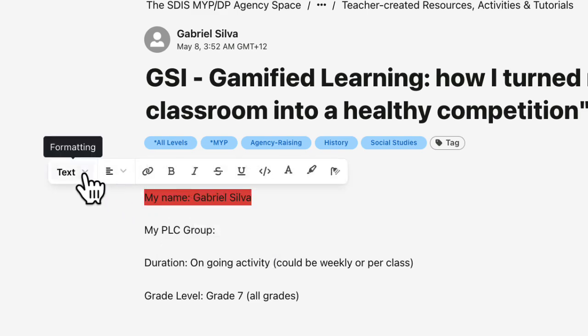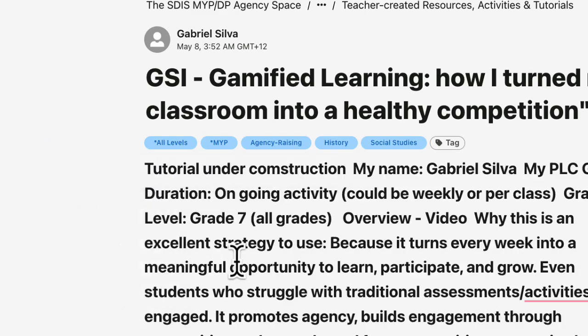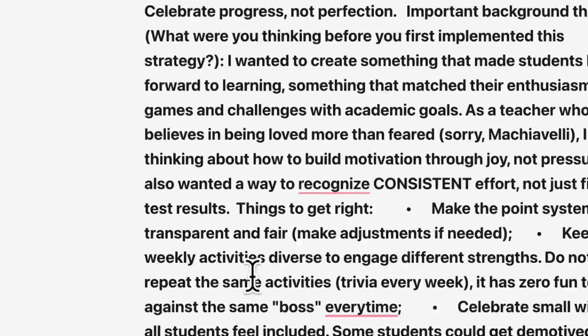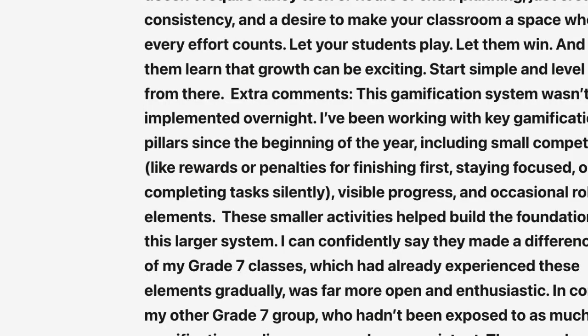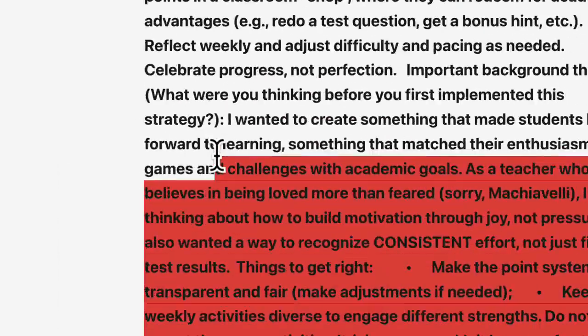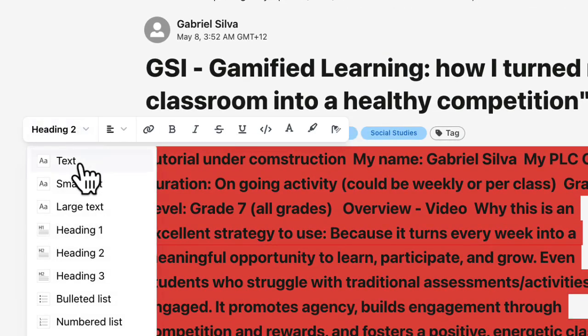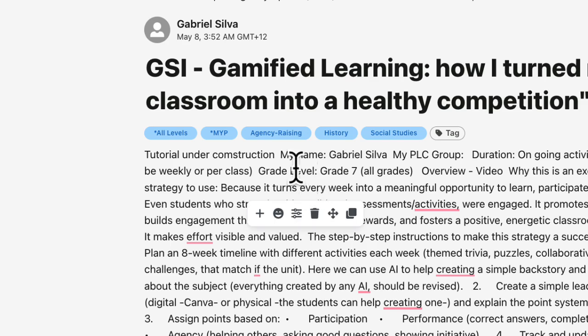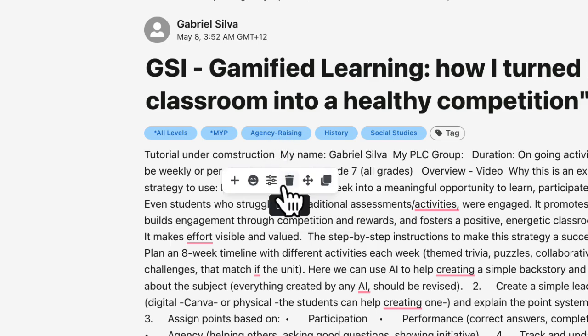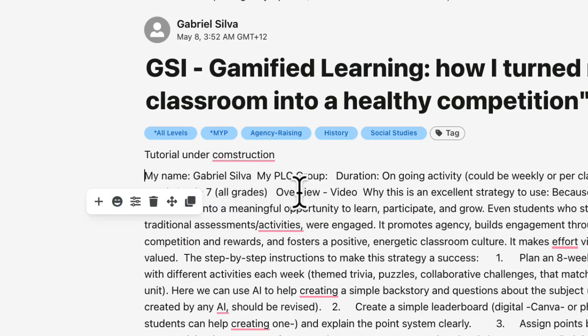So that's how you get your headings, down here. All right. Now, but you don't want to do that. Oh gosh. And you need a gap between the heading and the text to see the difference. Maybe that's what you have problems with. So tutorial under construction. My name.